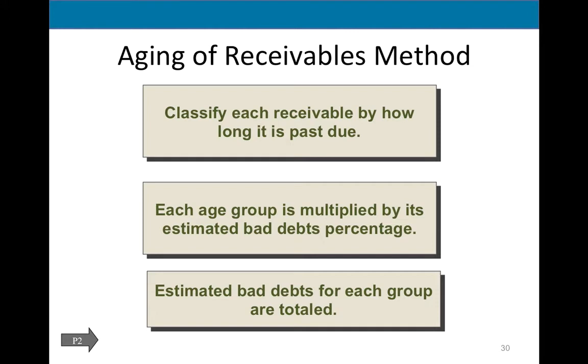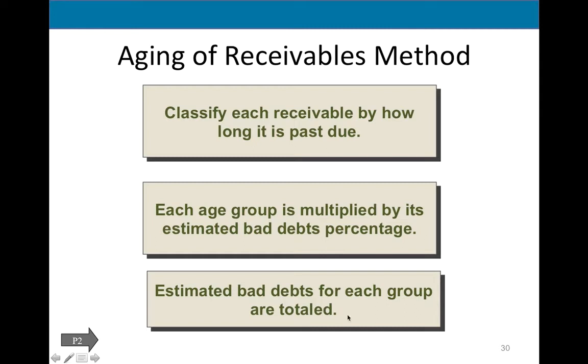So instead of using 1% for all receivables, we're going to break up receivables into age groups, how long they've been past due. And we will be given a different percentage for each group. So it will be all given to us. We will classify each receivable by how long it is past due, and each group will be multiplied by estimated bad debt percentages. The more past due, the higher the percentage, of course.